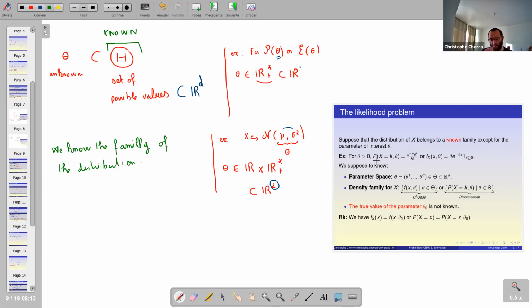In the case of an exponential, I know that X follows an exponential, so I know that it has this density function, even if I don't know the parameter theta. And in the case of my Gaussian here, I know that the density function is this one. So I know that the density of capital X belongs to this family, even if I don't know precisely mu and sigma square.